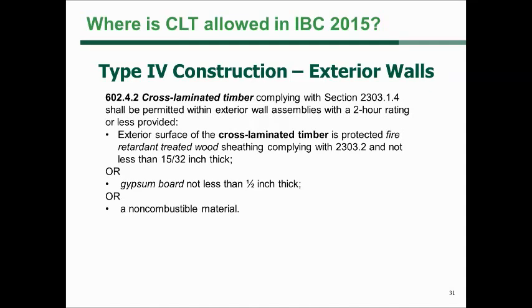This is important: the 3 applications where cross-laminated timber can be used in the exterior walls is where we have a 2-hour fire resistance rating or less, and the exterior surface is protected with fire retardant treated sheathing of not less than 15/32 inch thickness, or you can apply 1/2-inch thick gypsum board or some non-combustible materials. So those are the 3 requirements if using cross-laminated timber in the exterior wall application.